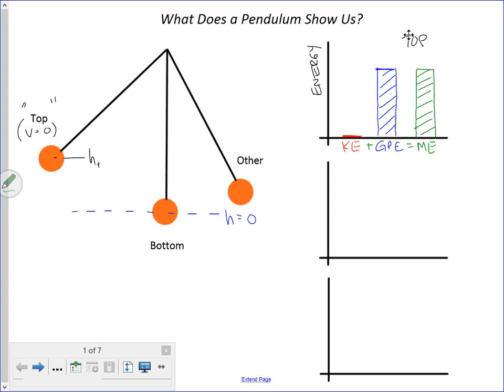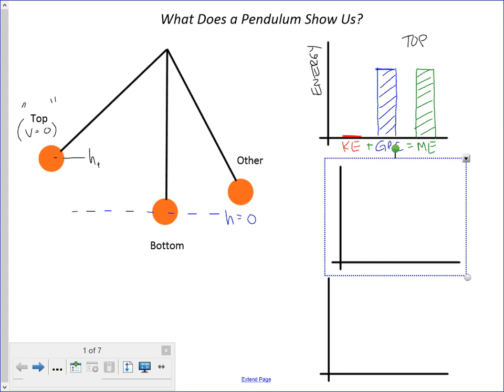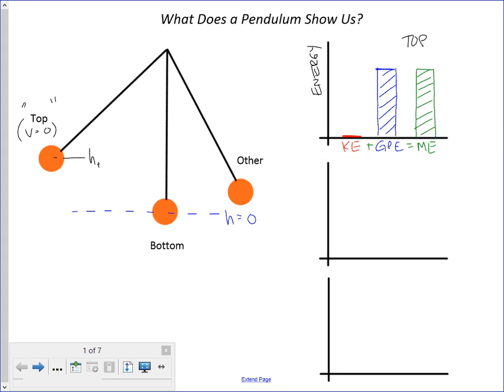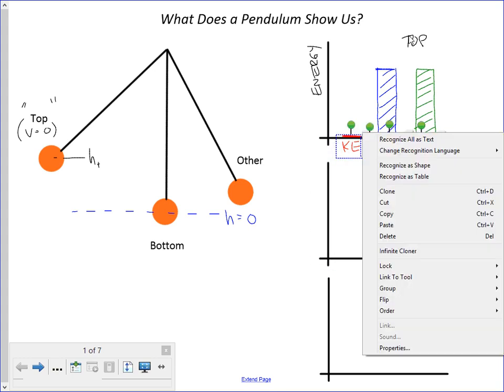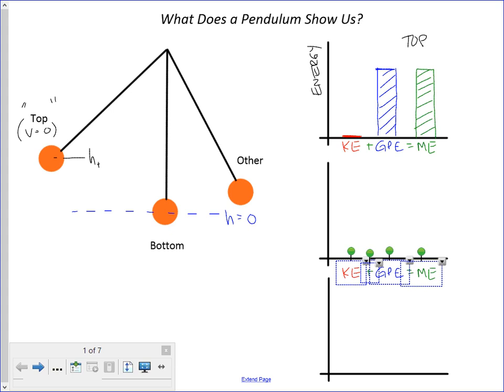Yeah, good. Now, this thing swings to the bottom. Well, what happens? Well, now we know, for example, that it's at the bottom at what we've defined to be height zero.